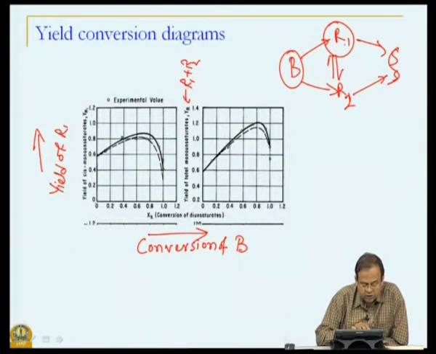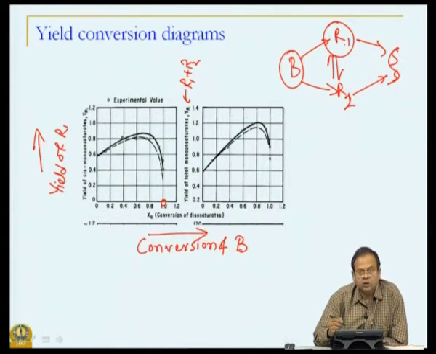As conversion increases, initially the yield increases, okay, because more and more of B goes to R1. But if you wait long enough for entire conversion of B, that is if you go to this point, we see that the yields start decreasing, and that is not what we want.